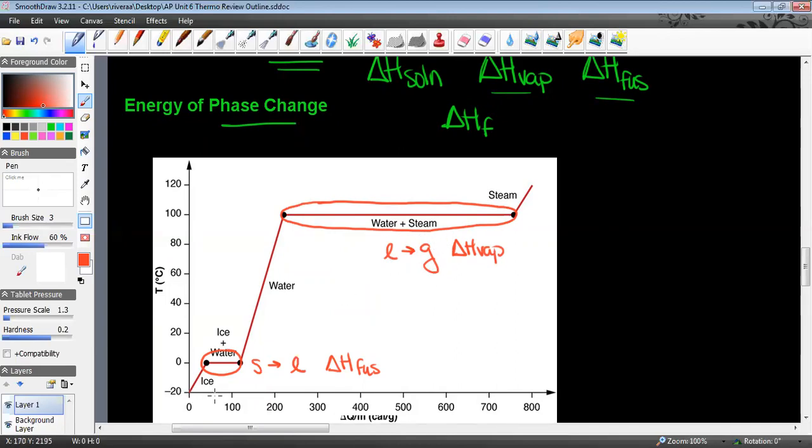Now, of course, heat is also being added when we're warming up the ice from -20 up to 0, the melting point. There's also heat being added when you're warming up the liquid water from 0 degrees Celsius up to the boiling point at 100. And you can also superheat the gas into a plasma. So there is heat being added in these portions of your diagram as well, but that is not heat being added to change state.